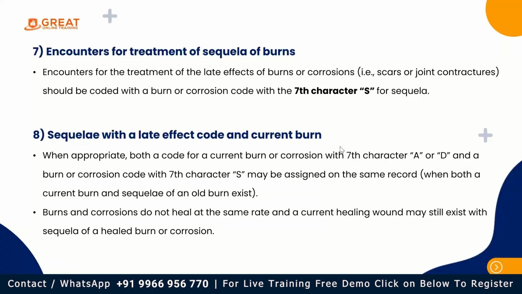What if a late effect is there, plus a current burn is also there? In that case, what to do? When appropriate, both a code for the current burn or corrosion with 7th character A or D, A for initial encounter or active treatment, and D for healing or subsequent encounter, and a burn or corrosion code with 7th character S may be assigned on the same record when both a current burn and sequelae of an old burn exist.